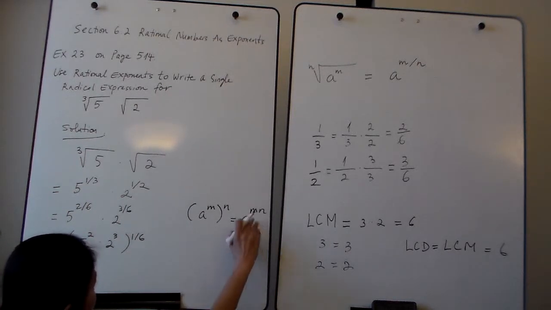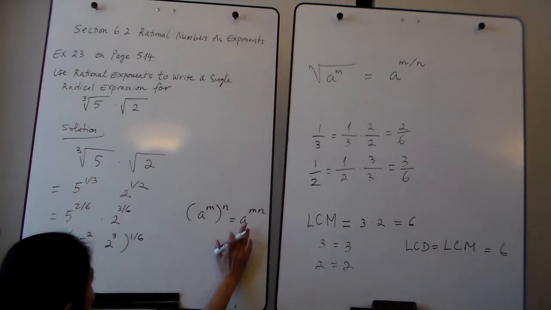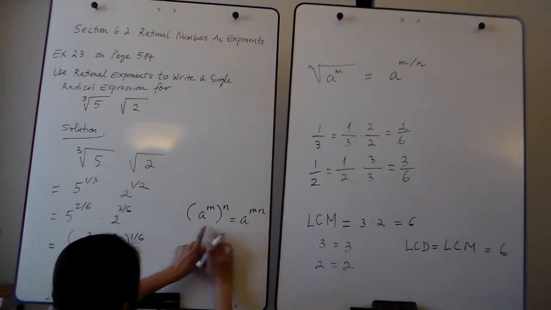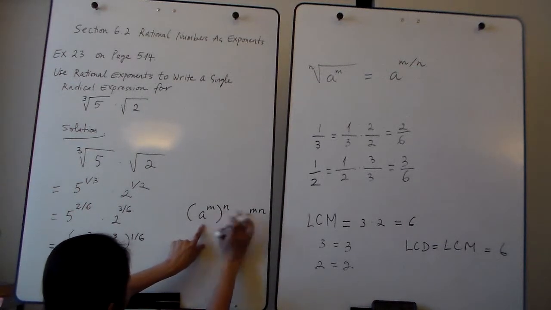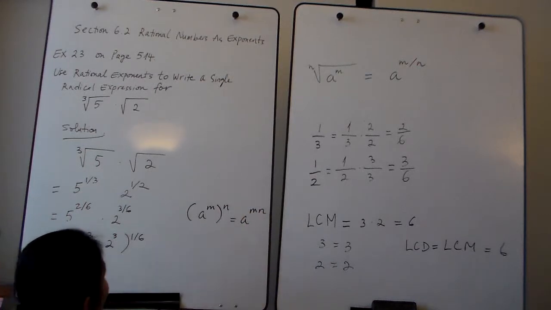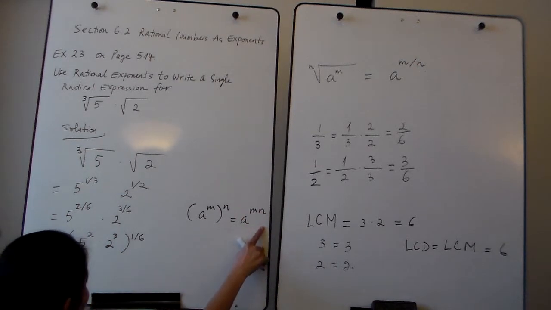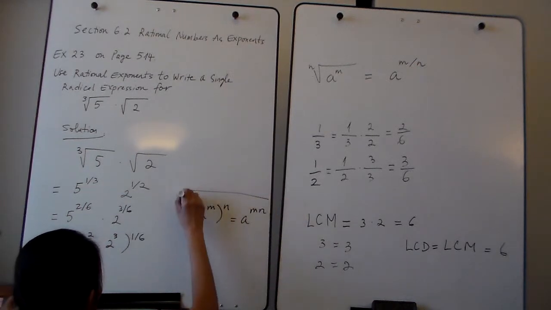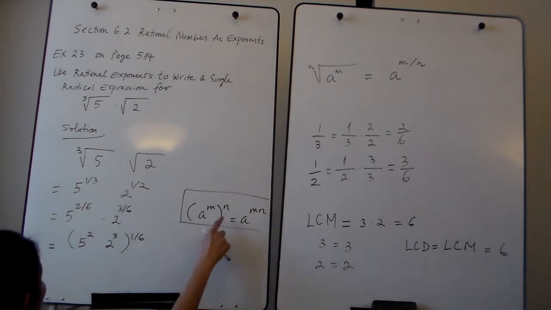We can write the equivalent form by having the A to the m inside parentheses, and factoring the n of the exponent outside the parentheses. Using the laws of exponents, we apply it to each of these and then we combine them.